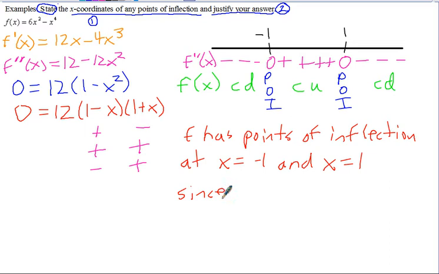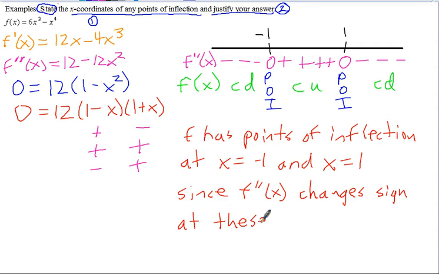Since how we justify it is we refer to the second derivative, f double prime of x, changes sign. You could say at x equals 1 and x equals negative 1, or you could say at these points.